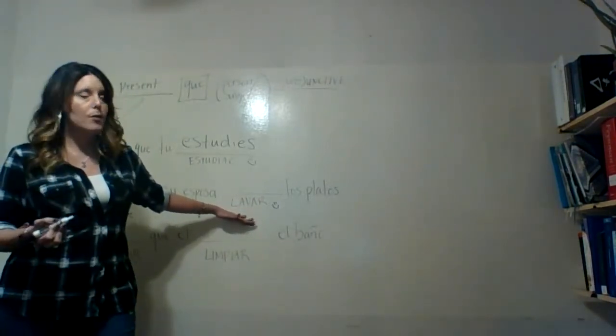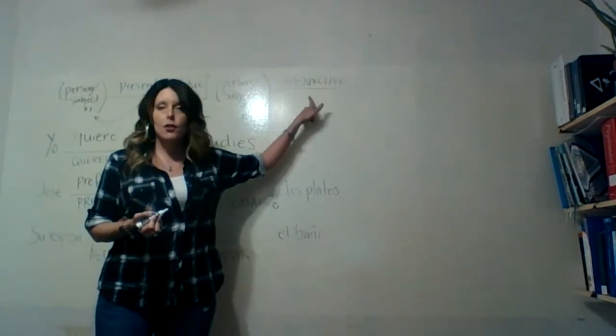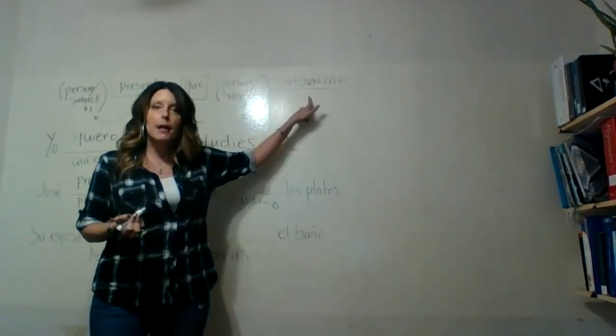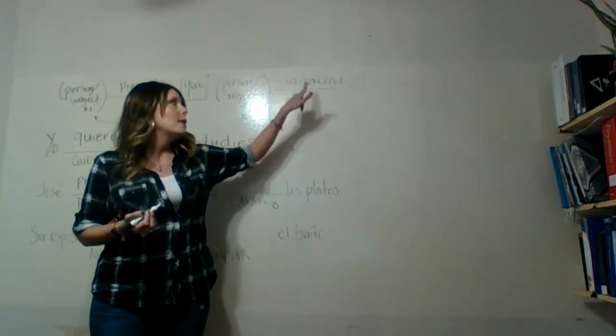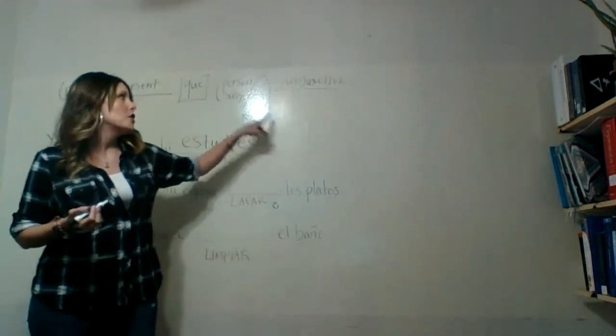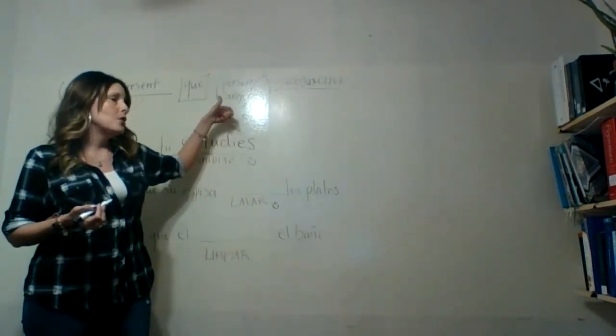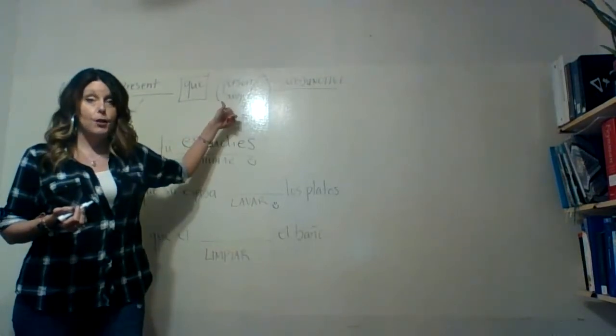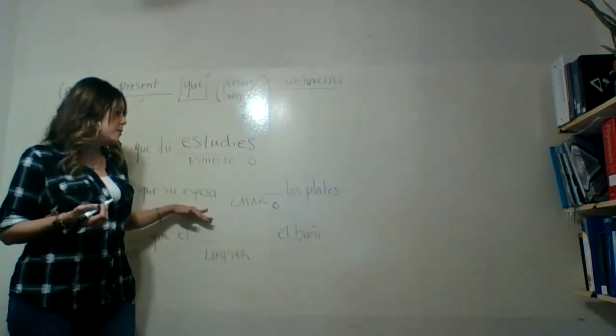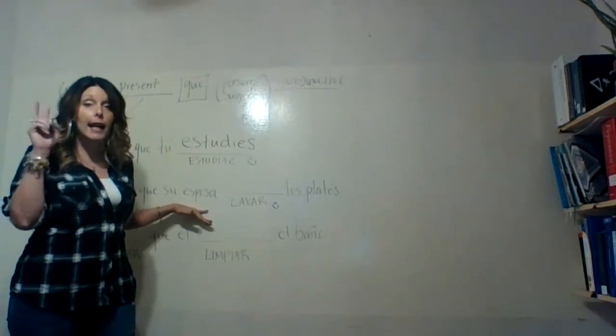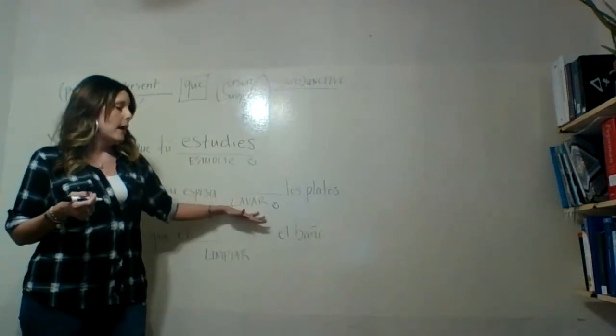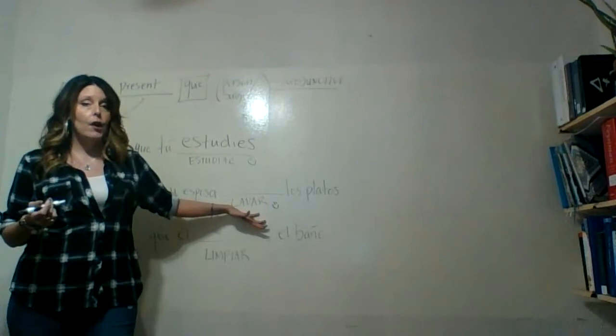How do we know it's going to be in the subjunctive? Because we look up here at our basic structure for the subjunctive type sentences that we're working with right now. And we see that this verb in the subjunctive is going to be conjugated based off the person number 2. The subject number 2 in the sentence is su esposa, his wife, so it's like ella. And lavar is going to be conjugated based off of her.